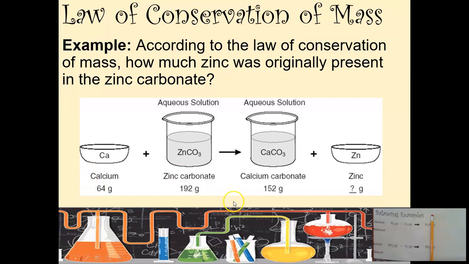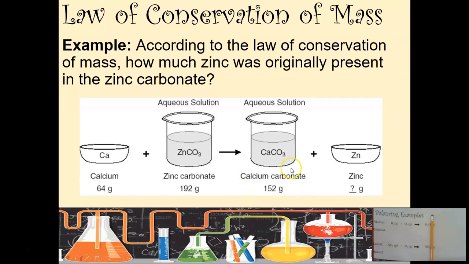So if 64 plus 192 is added together, then 152 plus something would have to equal it. So 64 plus 192 is equal to 256 grams of reactant, which means that 256 grams of product must be left over.